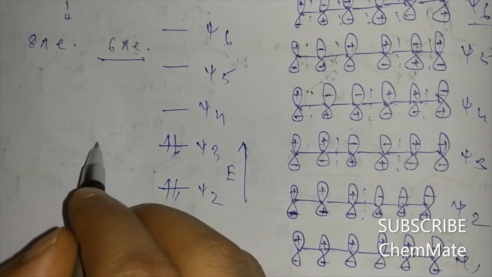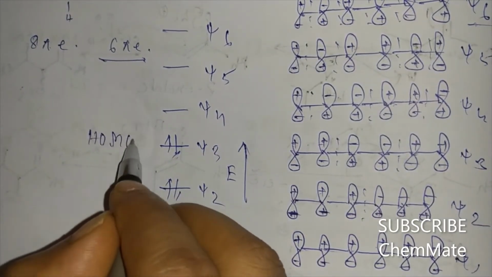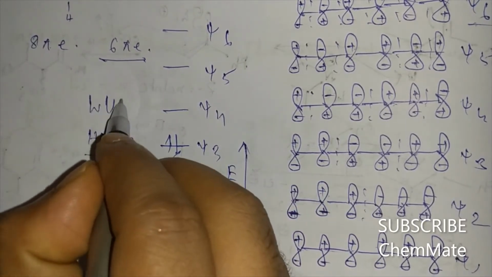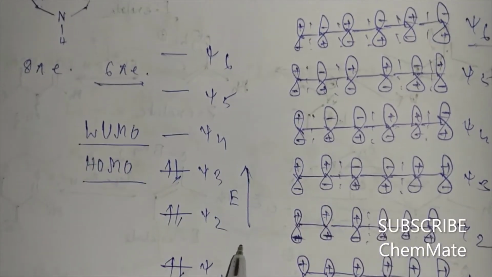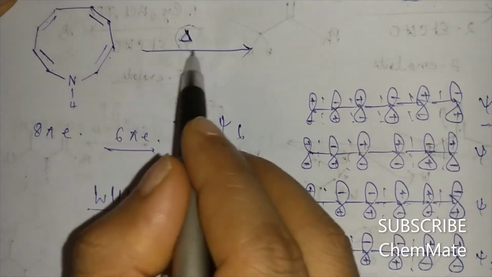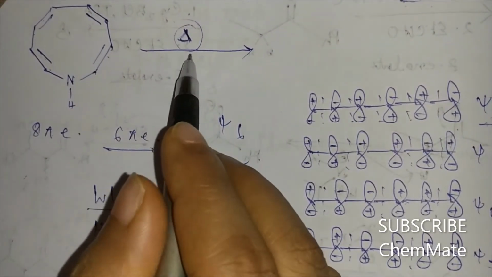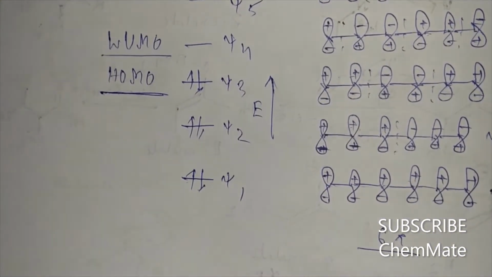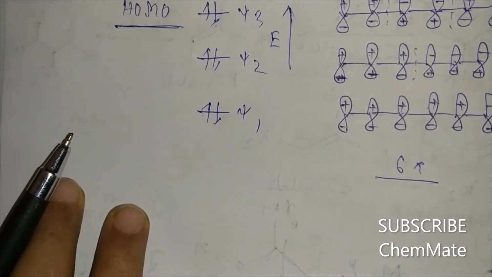Psi 3 is the HOMO, the highest occupied molecular orbital, and psi 4 is the LUMO. Now our reaction condition is only heat, so for heating, the HOMO will be the frontier orbital which will drive the reaction.